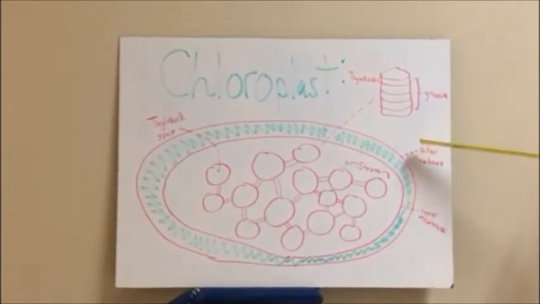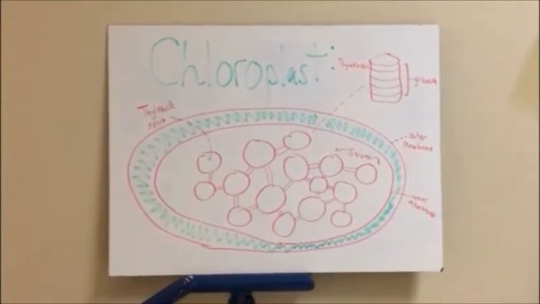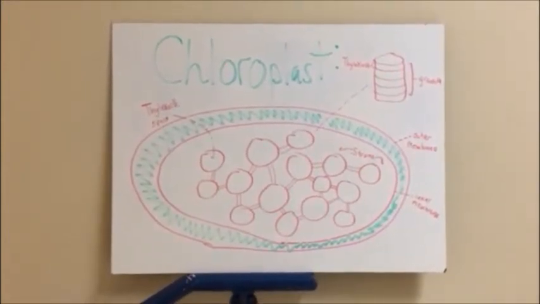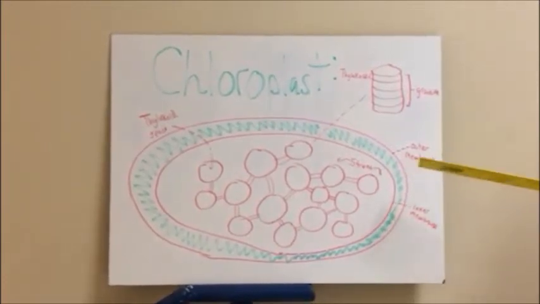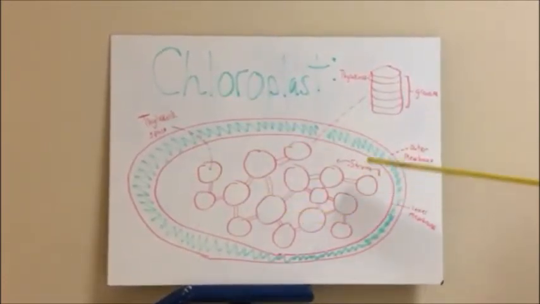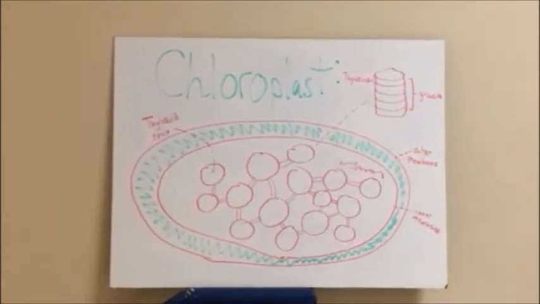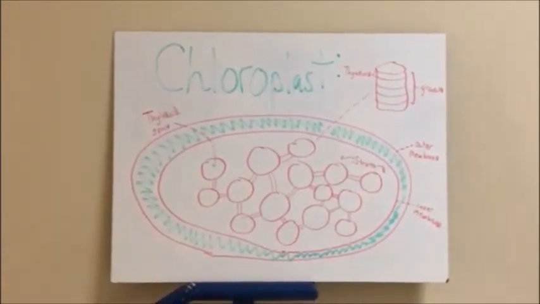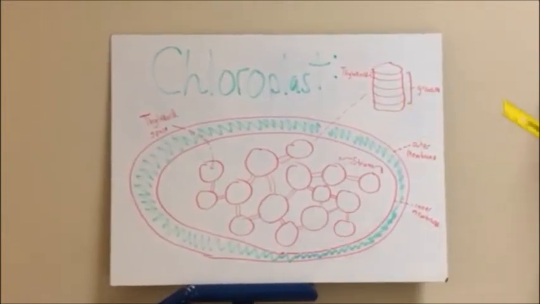The outer membrane, that's the outside part of the chloroplast. It's like a membrane, self-explanatory. The inner membrane is the outside part of the stroma. The stroma is like the floor of the chloroplast, which just holds all of it together.